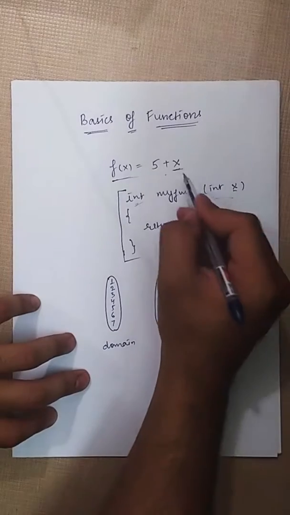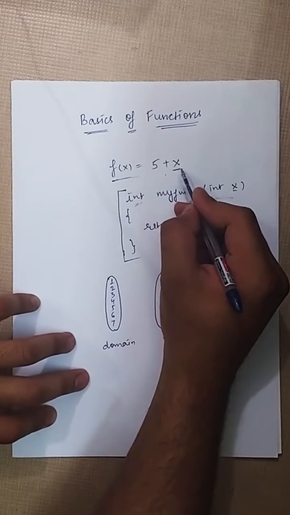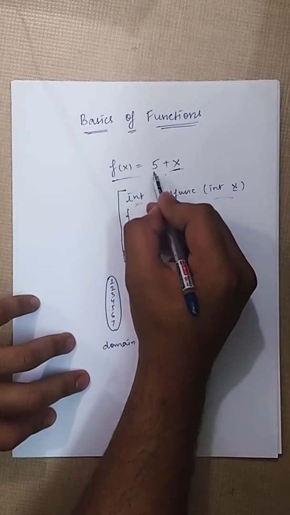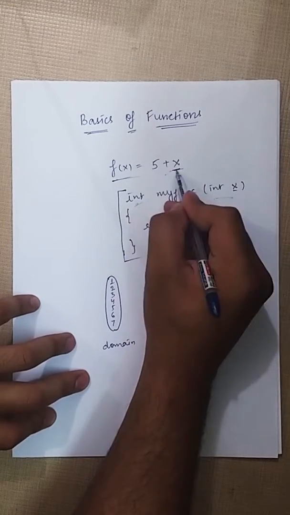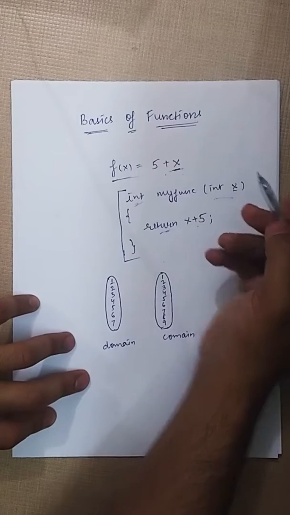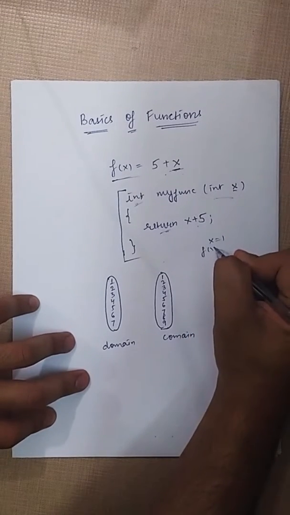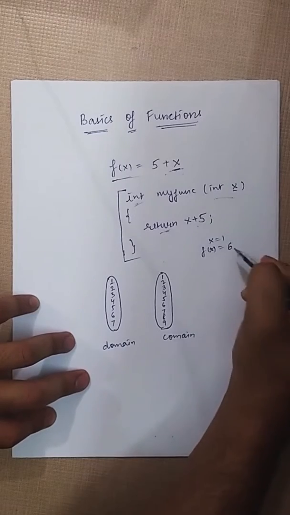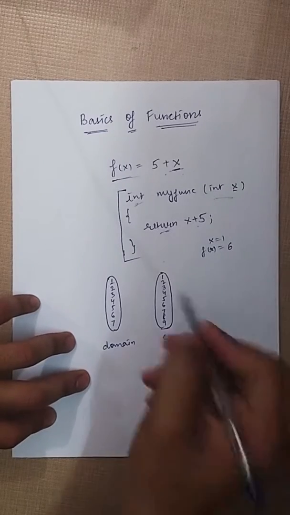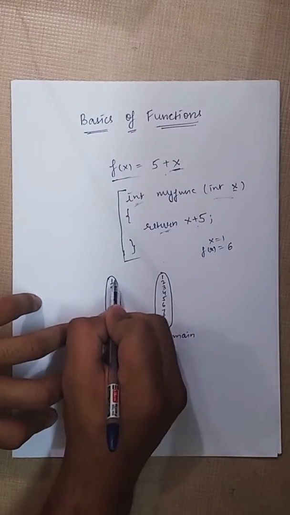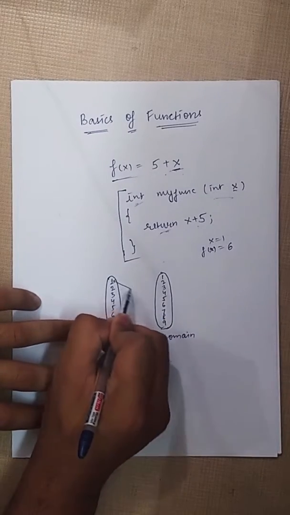Now when we give this function x equals 1, what does it give us back? It gives us 5 plus 1 equals 6. When x equals 1, f(x) equals 6. So in this way we map from 1 to 6.